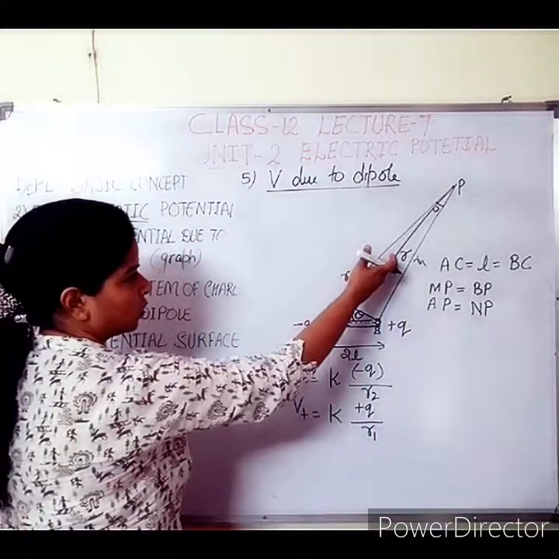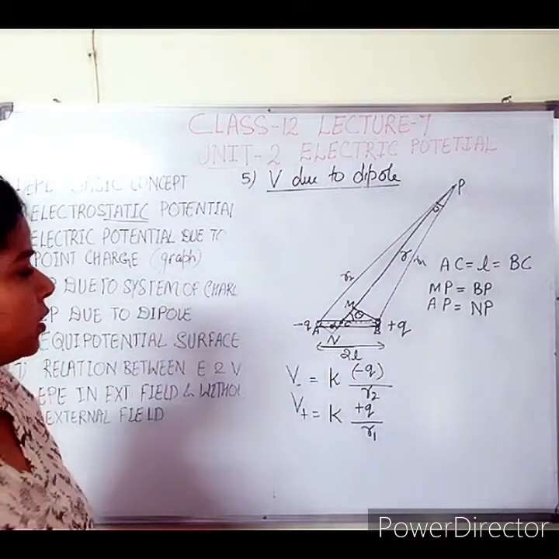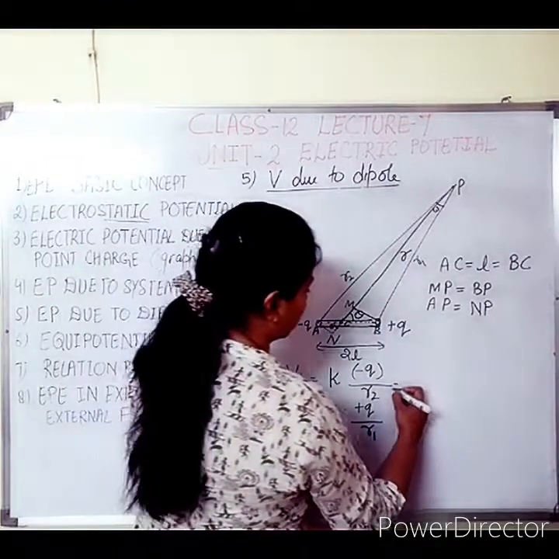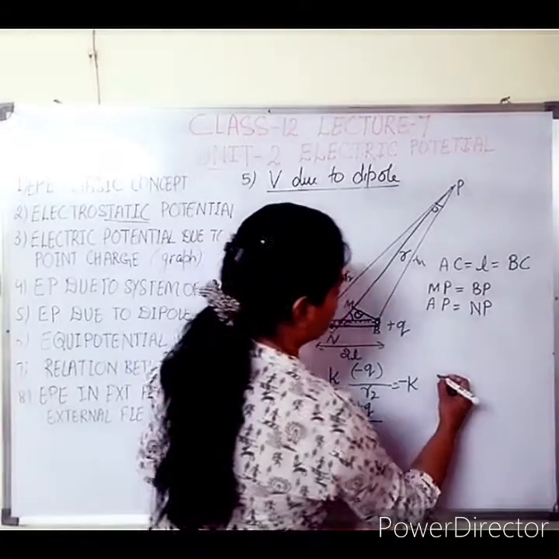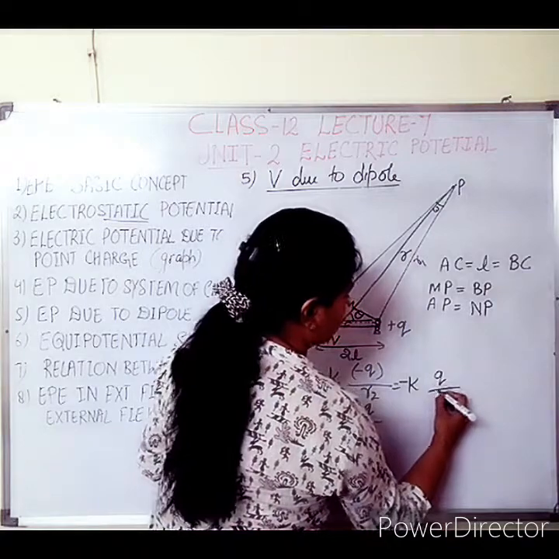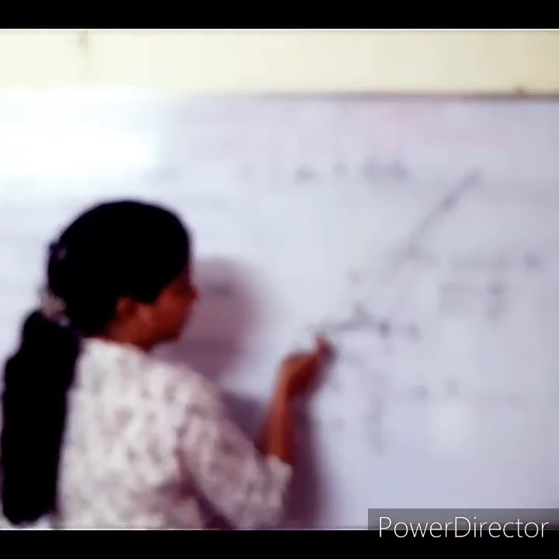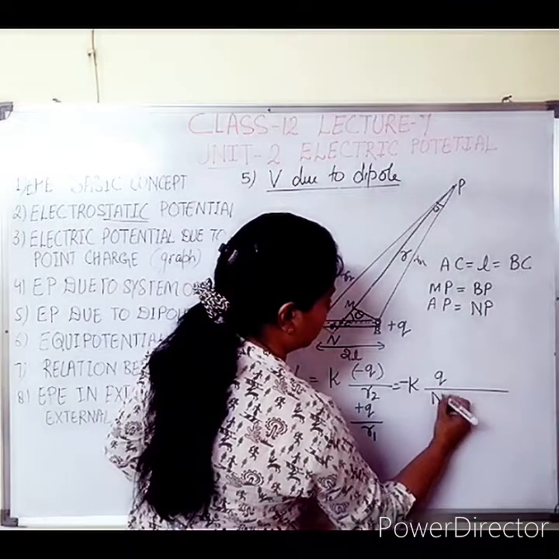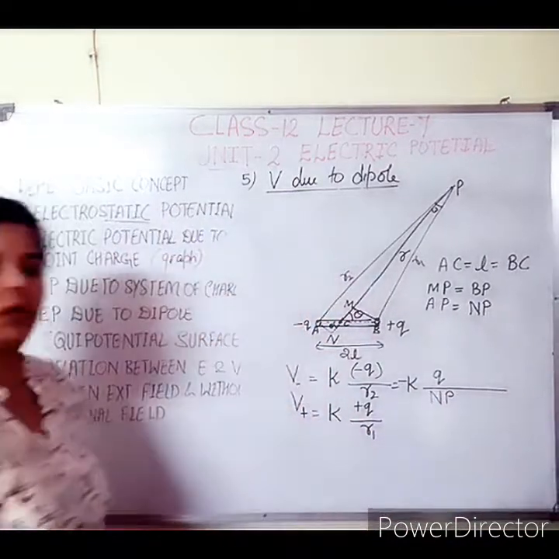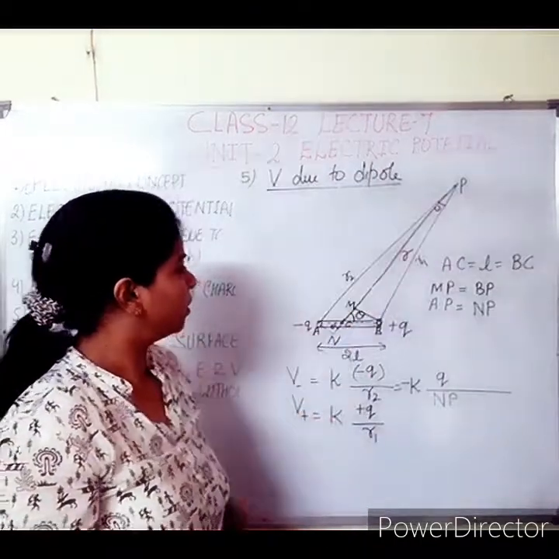We can write down the value in the form of R, because we will not take so many terms here. So R2 we can write as minus sign, we can take here outside the bracket, KQ over R2. So R2 is equivalent to NP.